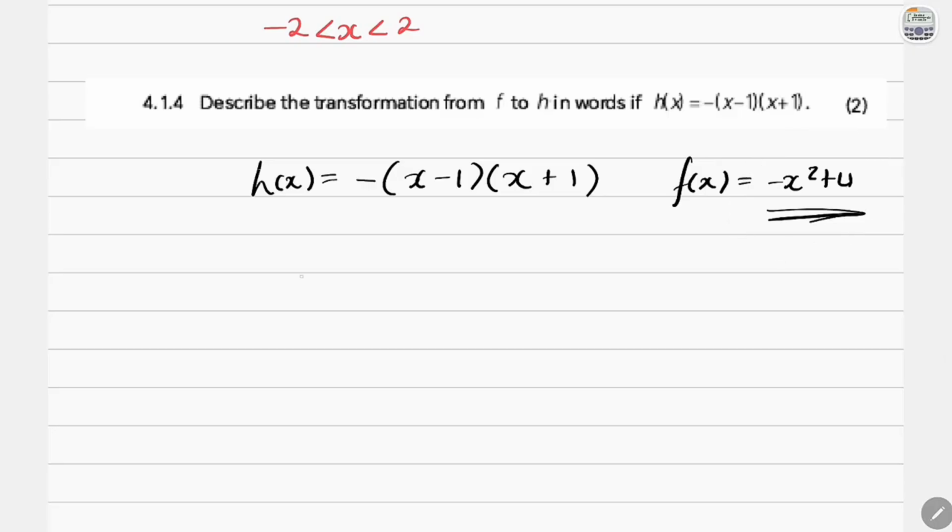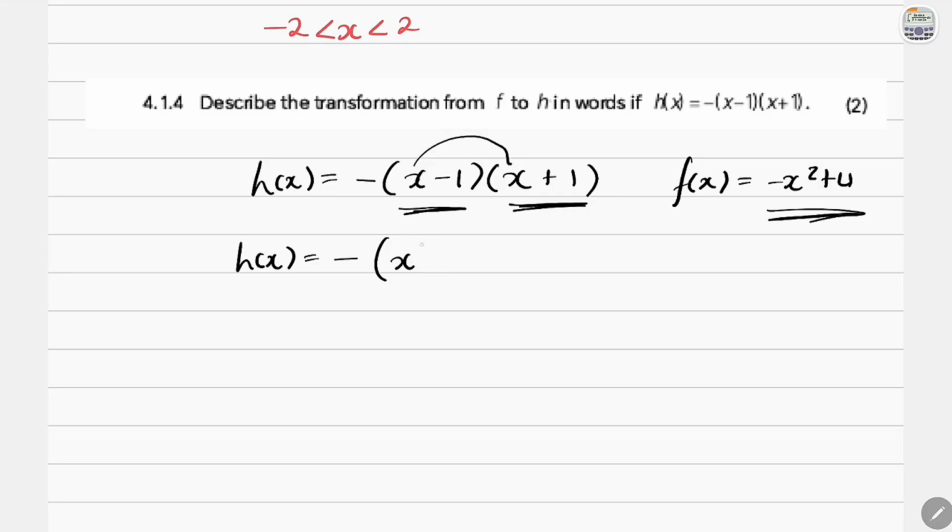And then you can clearly see what happened. So h of x is equal to, and we're going to distribute. So if we distribute, we're going to multiply, FOIL the binomials first. So multiply x and x, it's x squared. And you can already see this is the factors of difference of two squares. So even if you distribute them one by one, you're still going to end up with this.